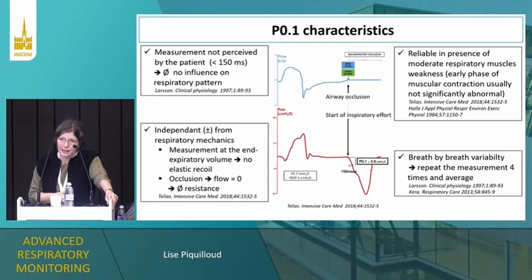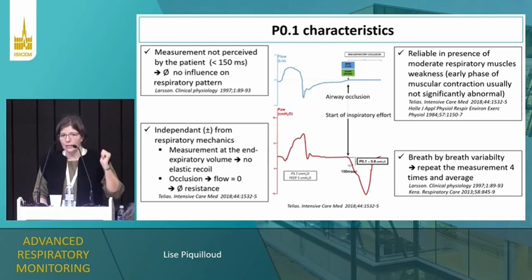The problem is that there is some variability in the measurement, and to really be reliable, you should do 3 or 4 times the P0.1 measurement and average, but it's easy. Then, not perceived by the patient, does not change the respiratory pattern, independent from respiratory mechanics, independent from weak muscle, but variable. Very easy to do. Then you can really monitor the respiratory drive using a ventilator.